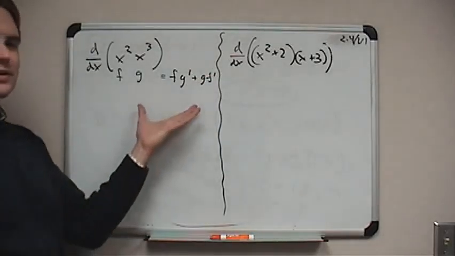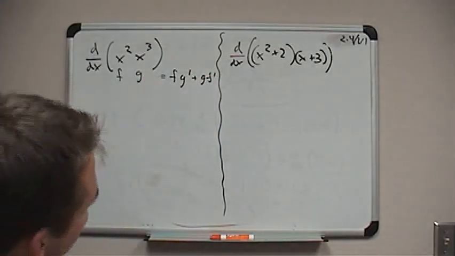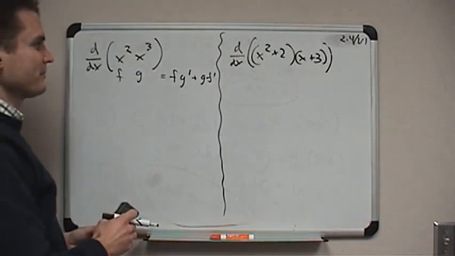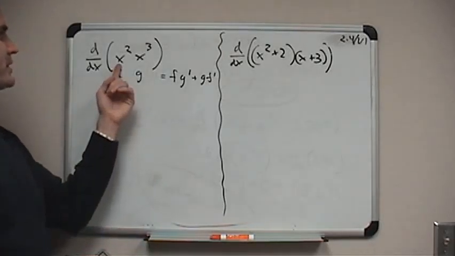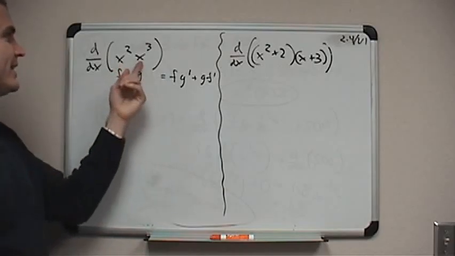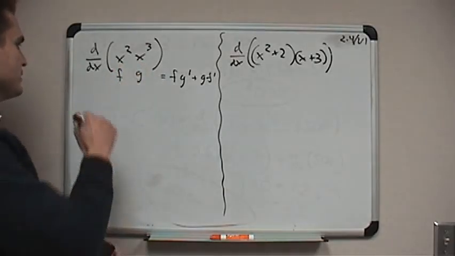So you don't actually even have to write the rule down if it's pretty clear to you what the two functions are. In this problem, the two functions are x squared, that's the one I'll call f, and x cubed, which is what I'll call g.